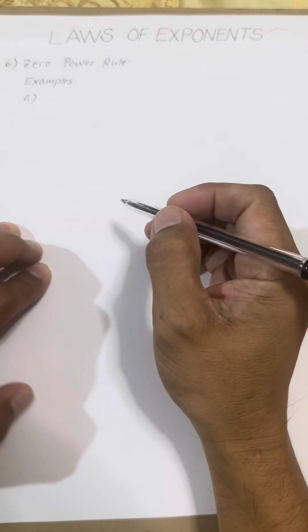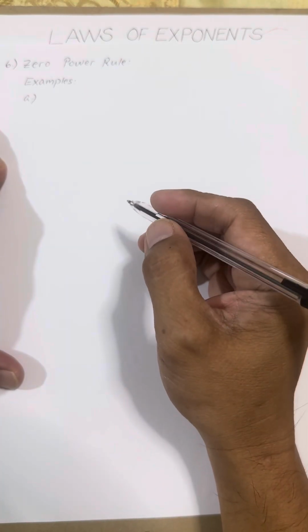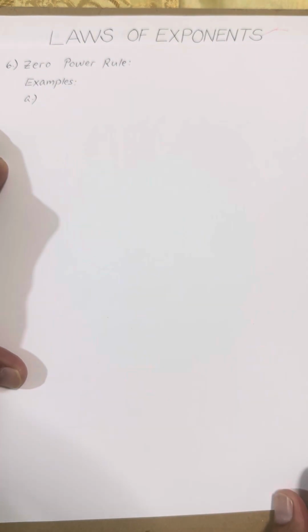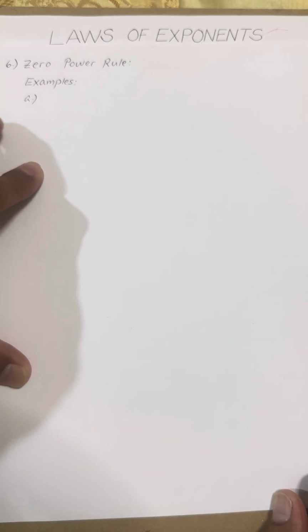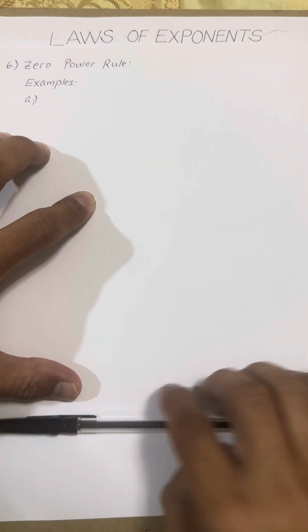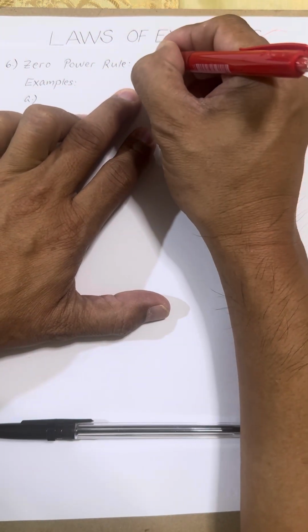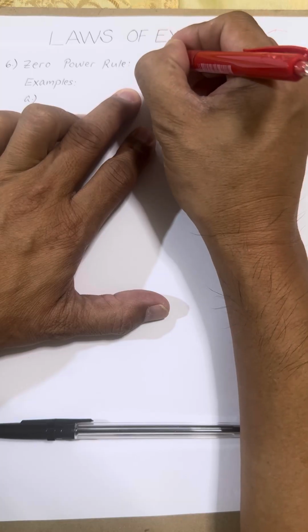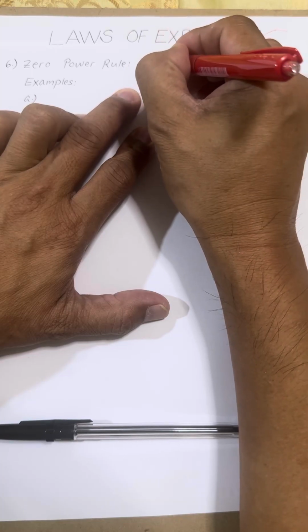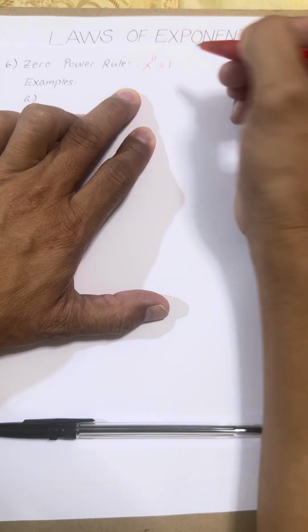Okay, so let's discuss now the sixth rule. We call it the zero power rule of our laws of exponents. The zero power rule takes the form x to the power 0 is equal to 1.